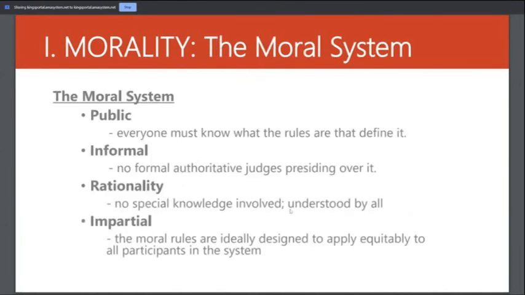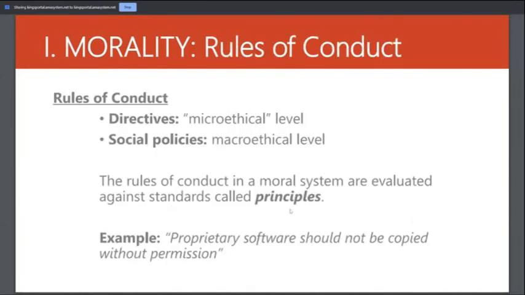To continue with that, let's talk about the rules of conduct. We do have directives, which is micro-ethical, and social policies, which is macro-ethical level. The rules of conduct in a moral system are evaluated against standards called principles. For example, proprietary software should not be copied without permission.